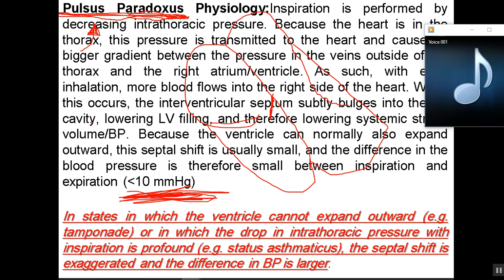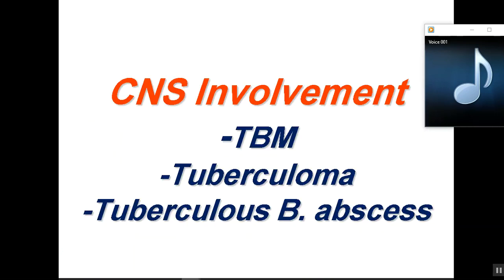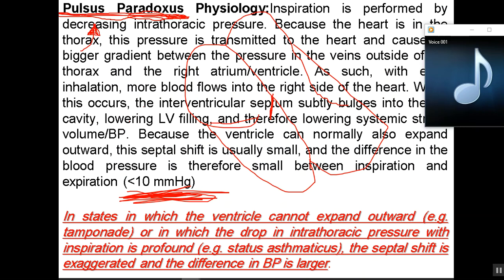Treatment is mainly to treat the underlying cause, which is TB, and then corticosteroids. The paradox is that we give a TB patient an immunosuppressant. Why? Pulsus paradoxus, as we talk about in physiology, with inspiration is formed by decreasing intrathoracic pressure. Because the heart is in the thorax, the pressure entering the heart causes a bigger gap between the pressure in the venous system outside the thorax and the atrium.